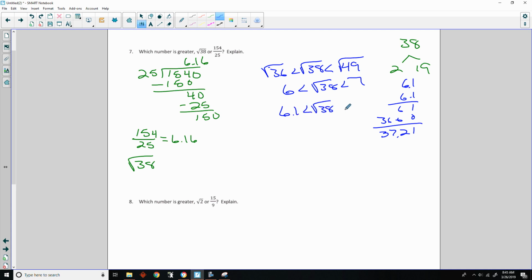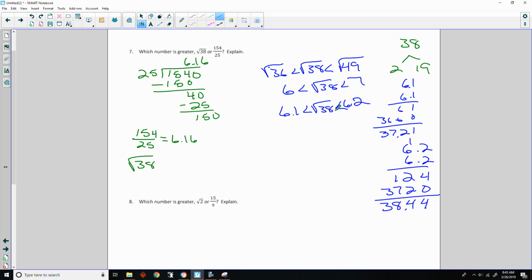So now we're going to try 6.2. 2 times 2 is 4. 6 times 2 is 12. 6 times 6 is 36 plus the 1, and we get 38.44, 2 decimal places. 38.44 is more than 38, so 6.2 is more than the square root of 38.